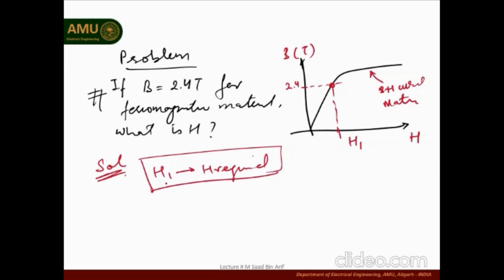Maybe in different problems you are asked to calculate the current supplied to the coil or anything else, then using different relations. For example, if you know H1 and you also know that Ni upon L is equal to H1, this is given, and you can easily obtain the value of current. Okay, this is all about the BH curve.